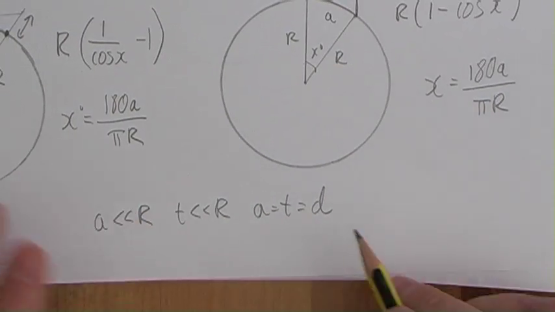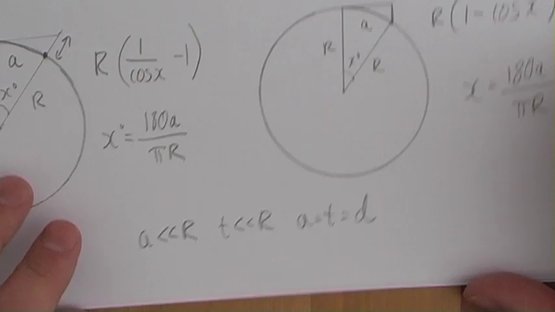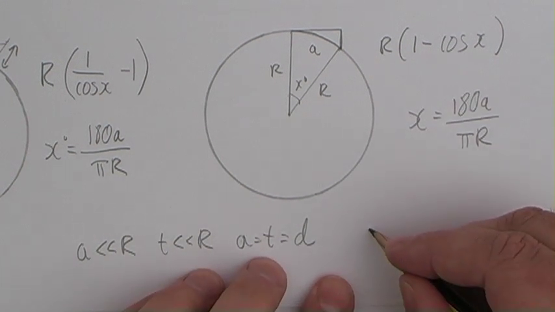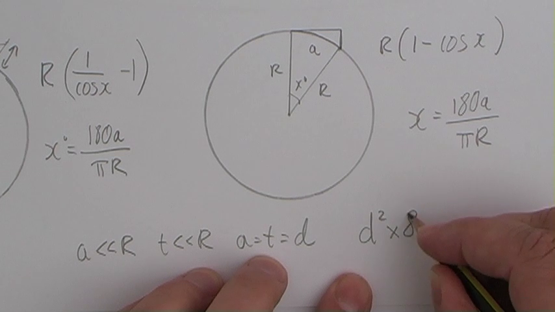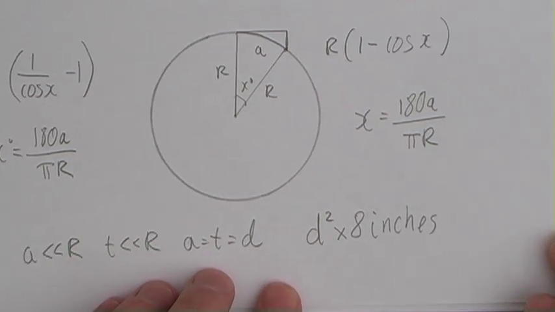So if that's in miles, then all 4 of them for small distances approximate to this nice formula here, which is d squared times 8 inches, which is the formula that most of you have learned.